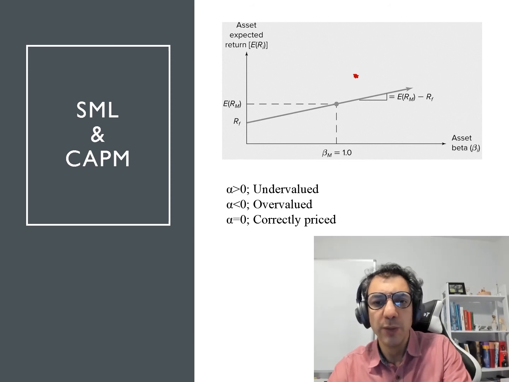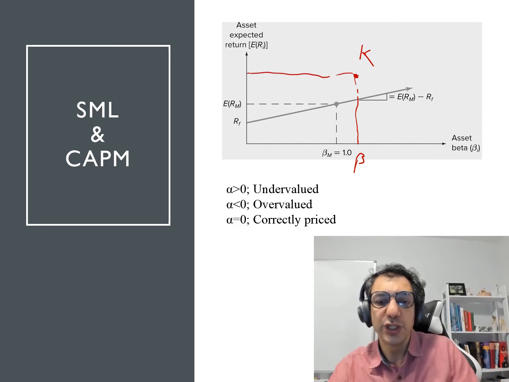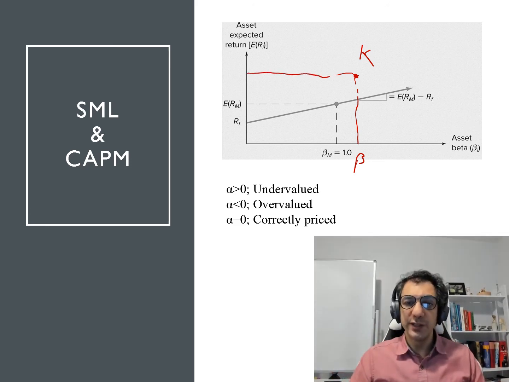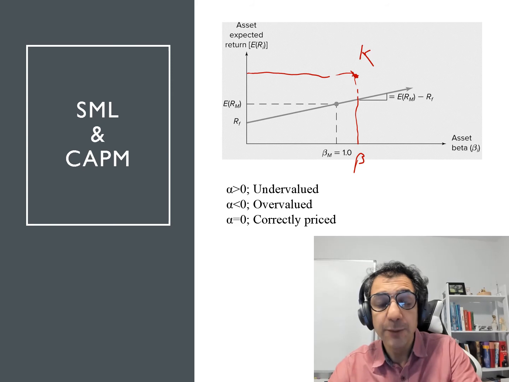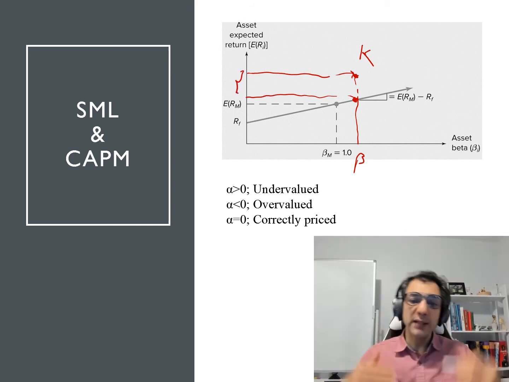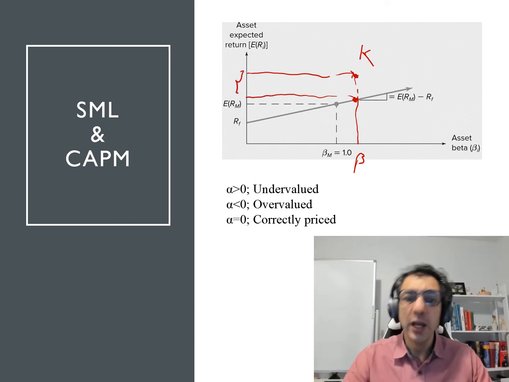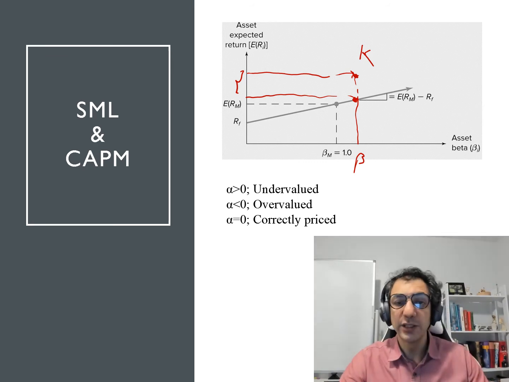So let's assume this is stock K, and stock K has this beta, which is for sure greater than 1, and this is the expected return for this specific stock. Based on the CAPM, your return should be here. So there is a gap between what CAPM is estimating and the actual expected return.